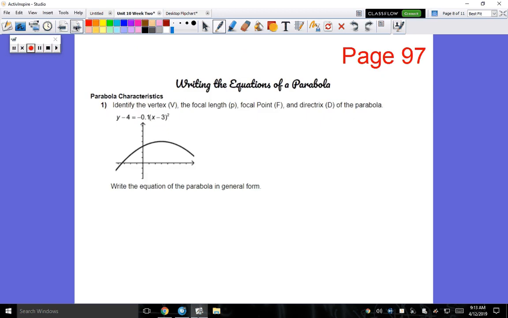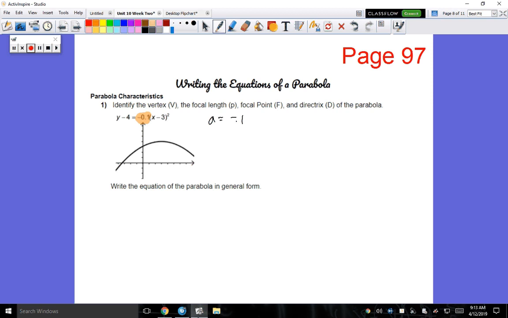Okay, so here we go. We're going to first start by identifying the vertex, the focal length, the focal point, and the directrix of this parabola. So immediately, just like we did that last problem, this right here is going to be my a value, which is a negative 0.1.